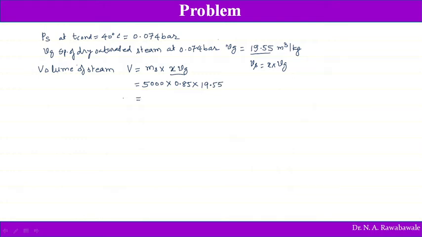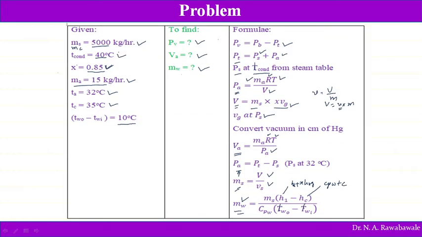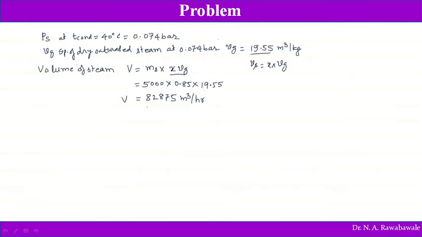On calculation, the volume of steam V, the absolute volume of steam, is given as 82875 meter cube per hour, as this m is given in kg per hour. So the volume will be 82875 meter cube per hour.